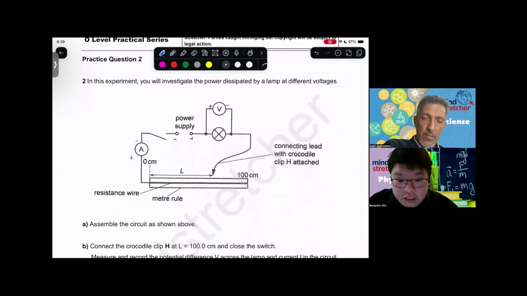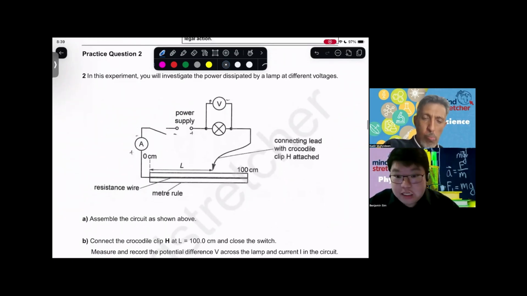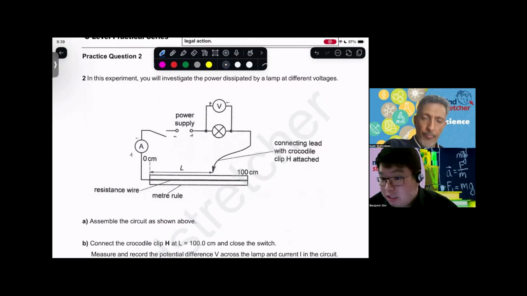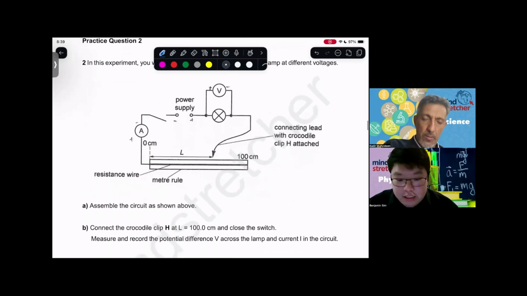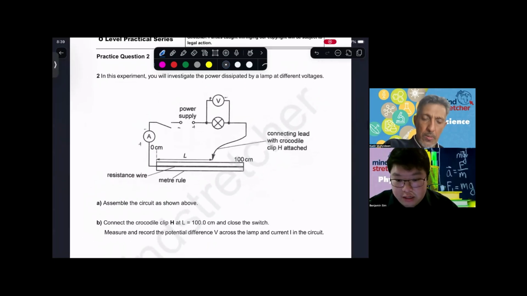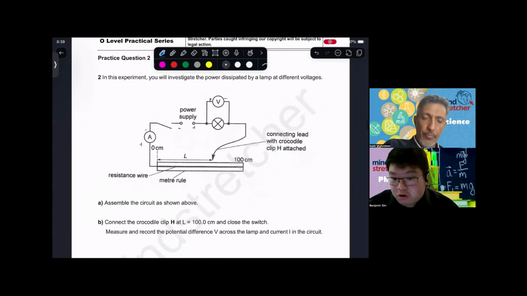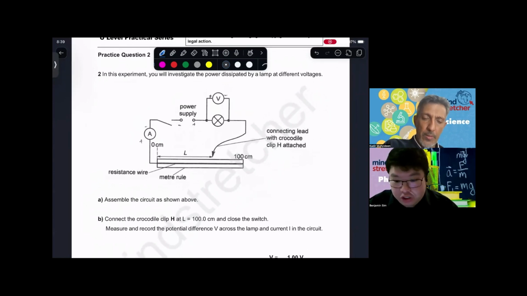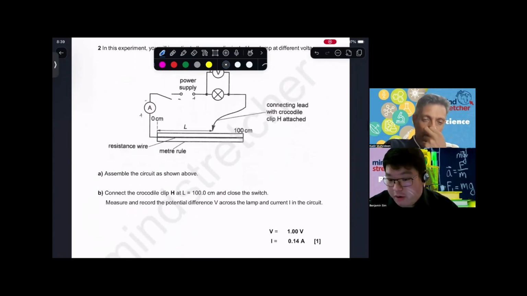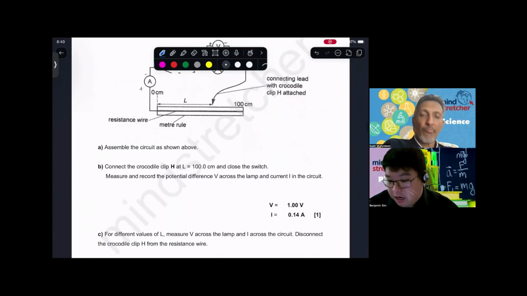So for this one, in this experiment, you will investigate the power dissipated by a lamp at different voltages. They want you to connect the crocodile clip H at L equals 100 cm, which is the whole meter rule, the entire resistance wire, and then you close the switch and measure and record the potential difference accordingly.